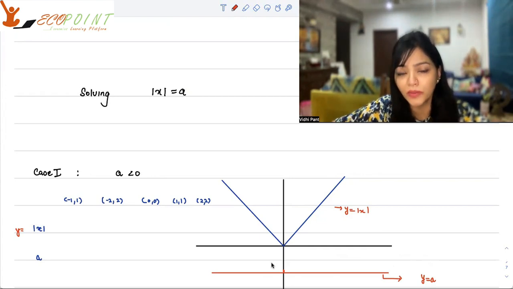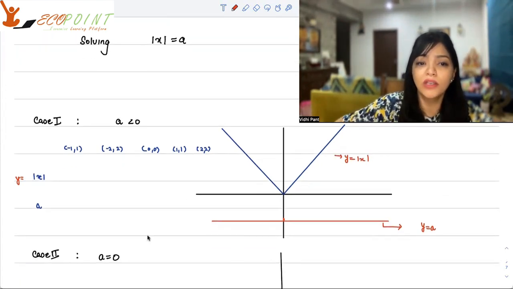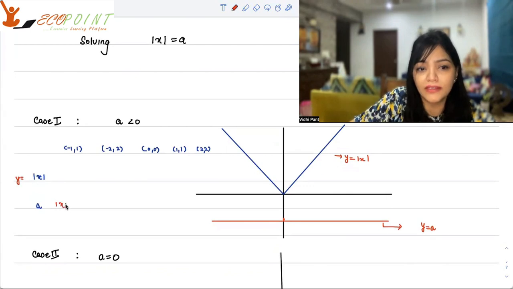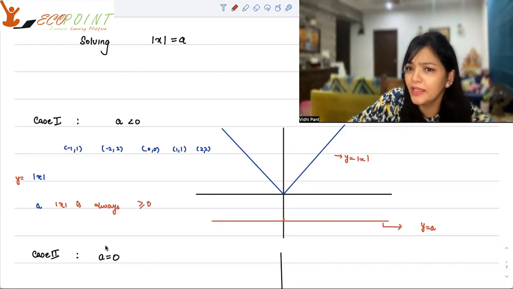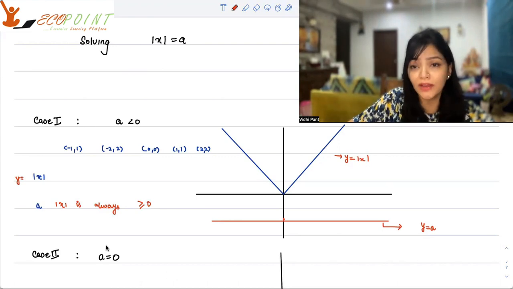Absolutely not possible. That is because modulus of x is always greater than or equal to 0. How can it be negative? It cannot be negative at all.